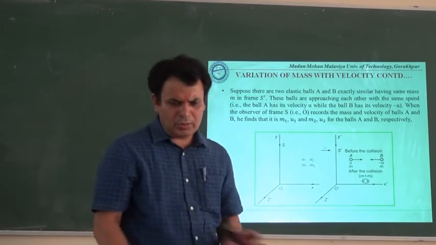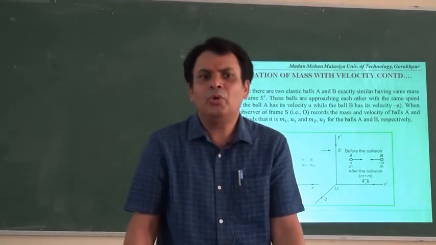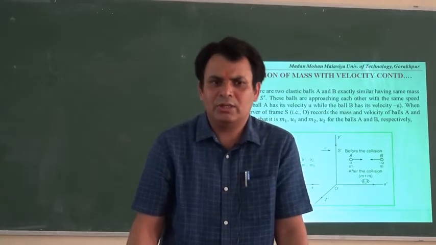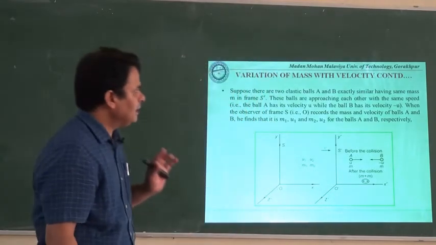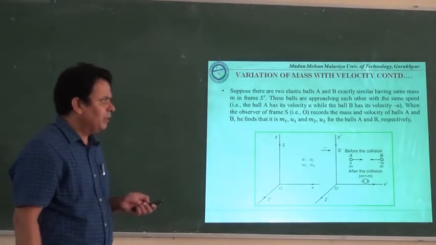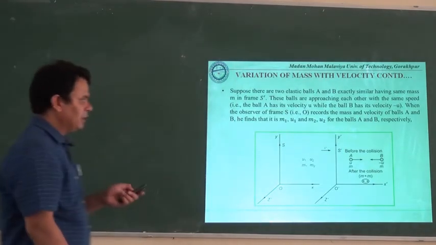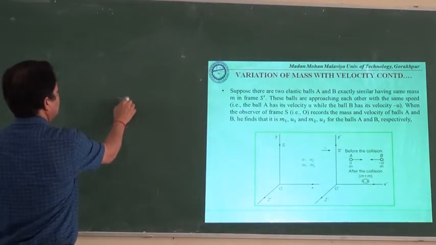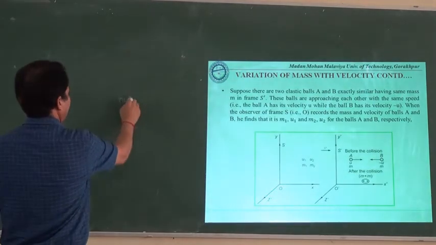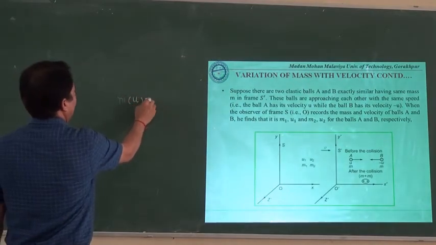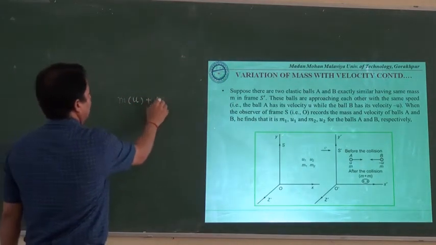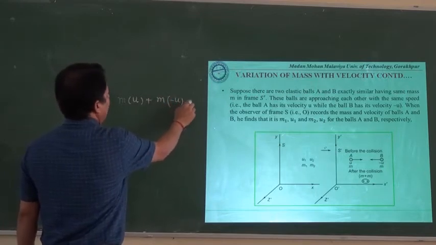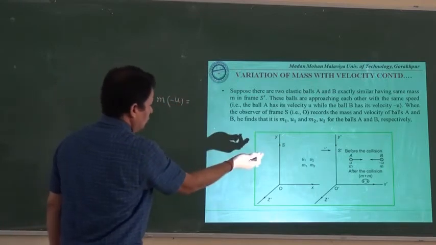Now, in the light of the observations taken by the observers O as well as O dash, let us try to preserve the law of conservation of momentum. First we will write the law of conservation of momentum for this frame of reference: mass of ball A multiplied by its velocity plus mass of ball B multiplied by its velocity will be equal to the momentum after the collision.